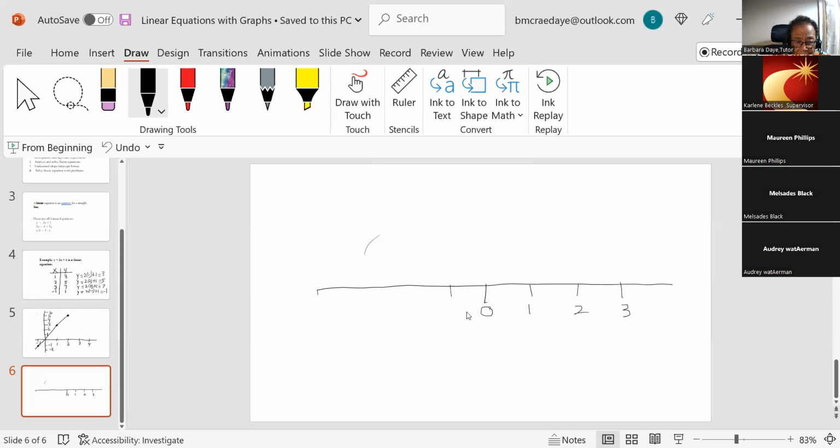And on the left side, these are negative. So -1, -2, -3, -4.